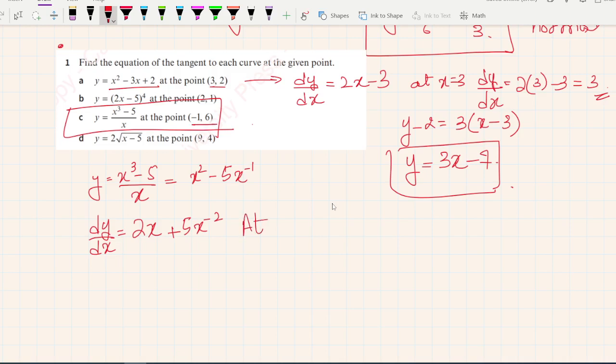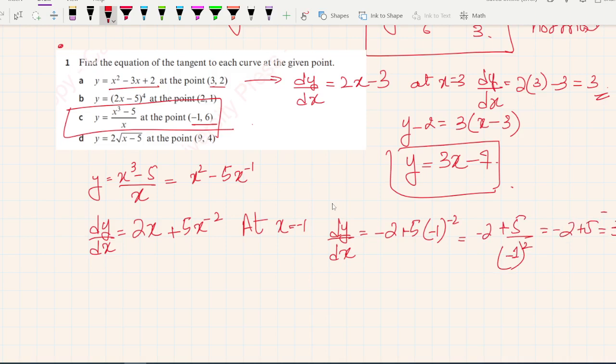So at x equals minus 1, dy by dx, or the gradient of the tangent line, is minus 2 plus 5 times minus 1 raised to the power of minus 2. This becomes minus 2 plus 5 over minus 1 squared, which becomes minus 2 plus 5, which is 3. So the gradient once again is 3, right?